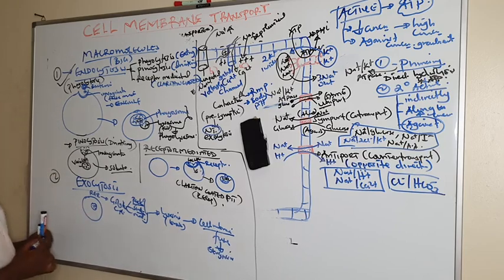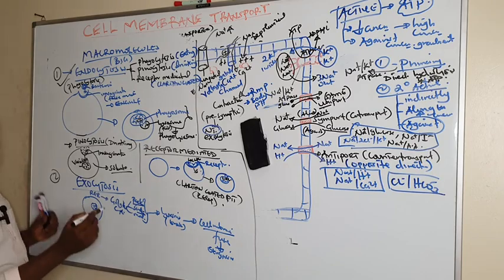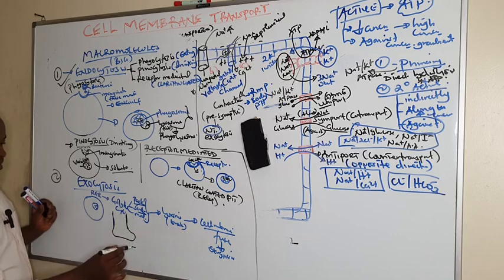And a peculiar example is the neurons, that is neurotransmitters. This is a presynaptic knob, and this is the postsynaptic knob.